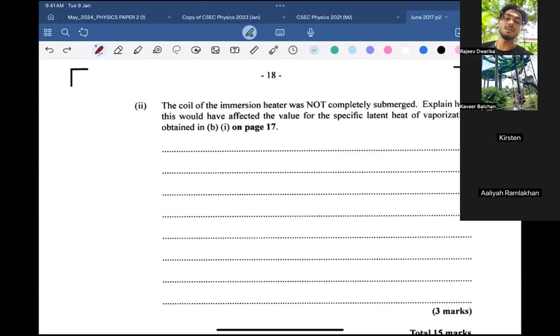No. If you have the coil here, is the coil reaching the water there? And the coil is real hot, and that is transferring the heat to the water.